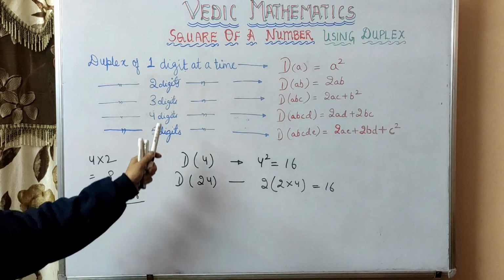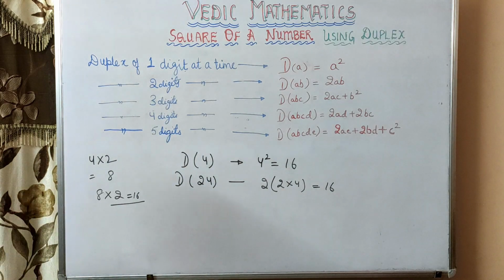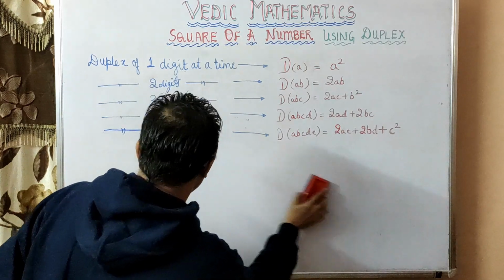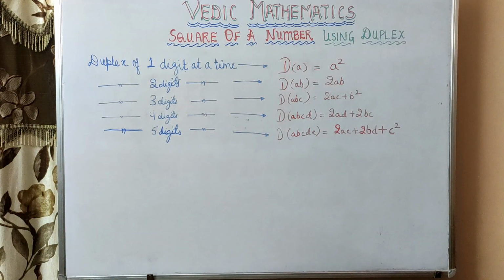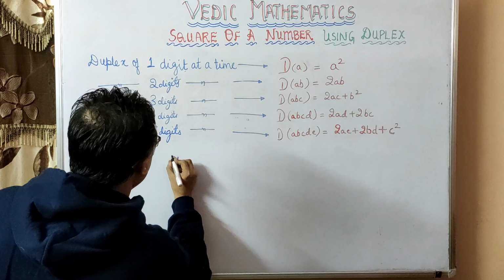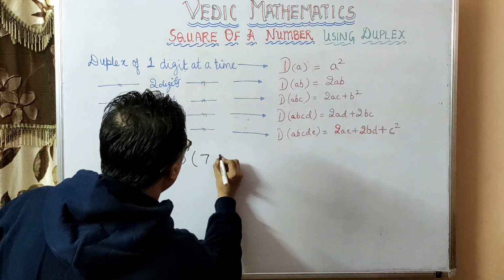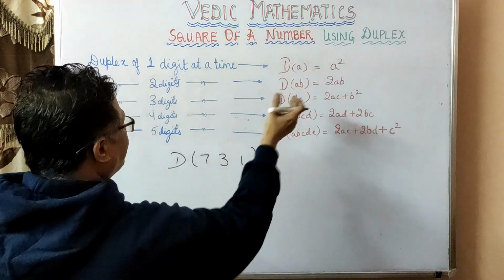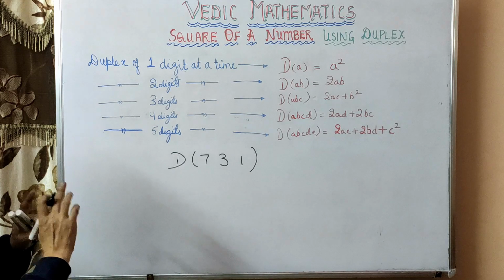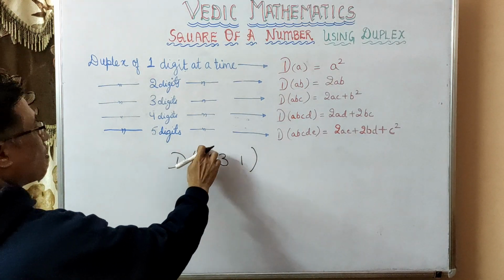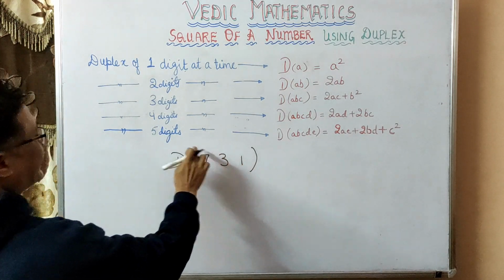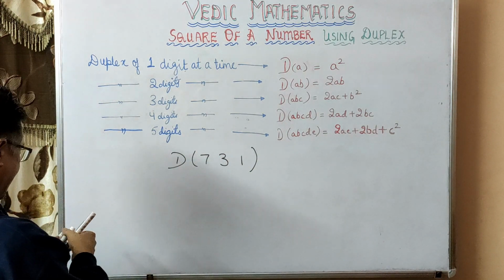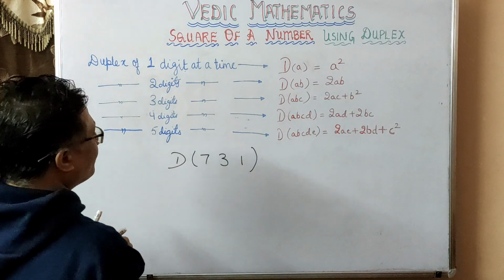Now, how to calculate the duplex of 3 digits at a time? For example, suppose we have to calculate duplex of 731. Now, we have 3 numbers. What we do is, we start from corner to corner, so these two numbers are taken together. Corner to corner means I will take 7 and 1.